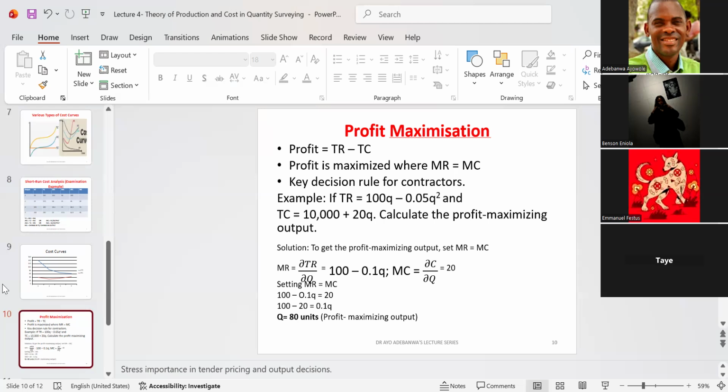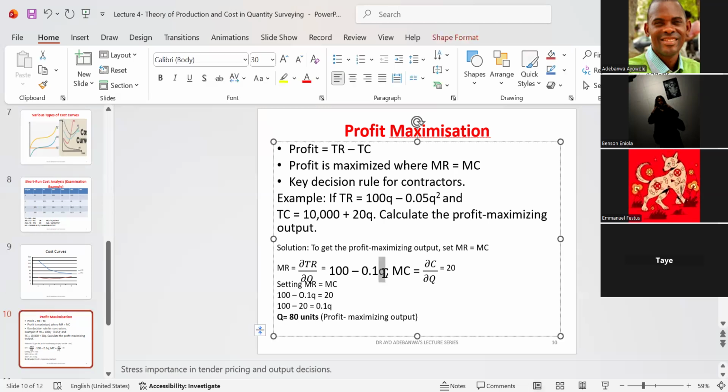So at the end of the day, your MR will now be 100 minus 0.1Q, just as you have it here. Look at it, I'm highlighting it. Then your MC, if you want to calculate MC, you differentiate TC over Q. 10,000 is a constant, so that one will go.